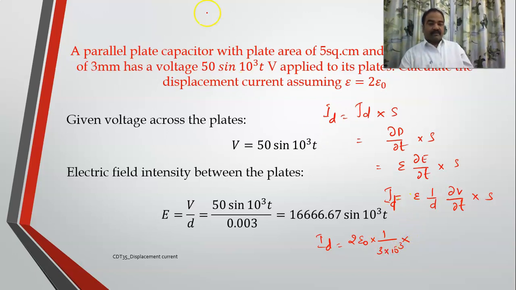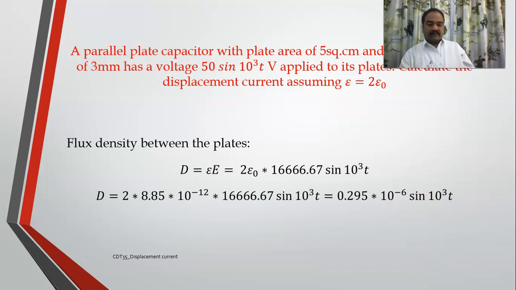V is given, and I differentiate it with respect to time: sine becomes cos, so 50 sin 1000t becomes 50,000 cos 1000t. Multiplying by the surface area, 5 times 10 to the power of minus 4, this is my answer.